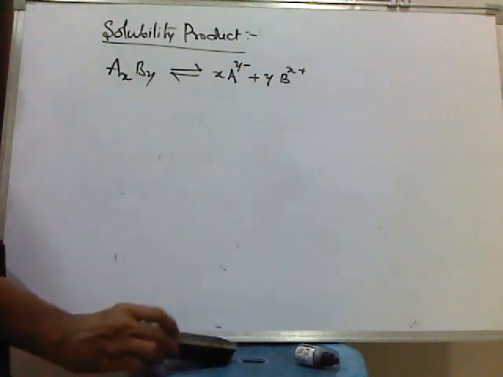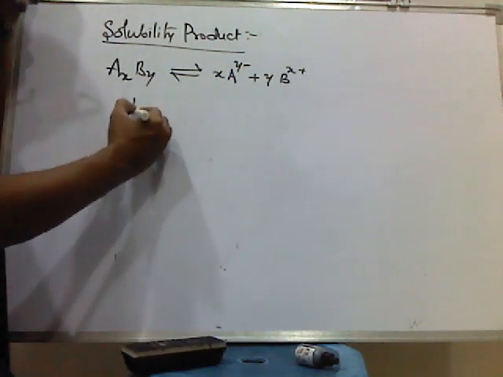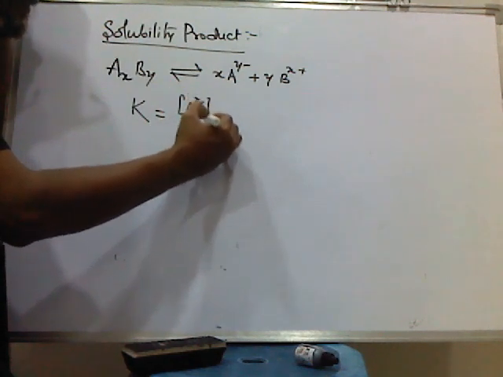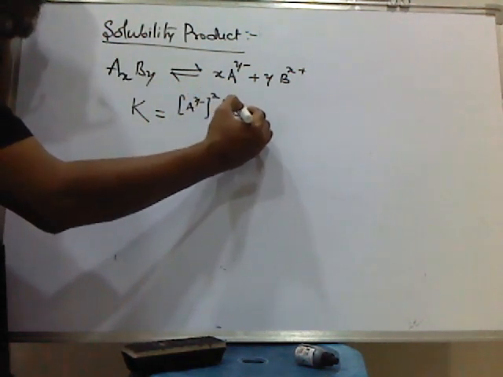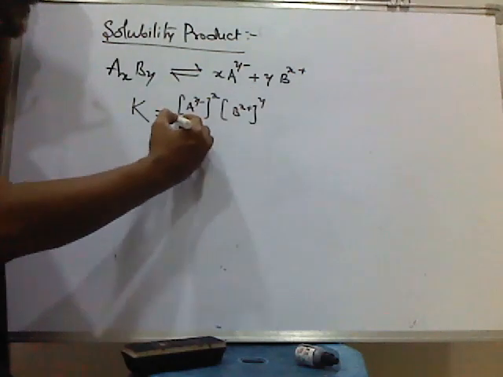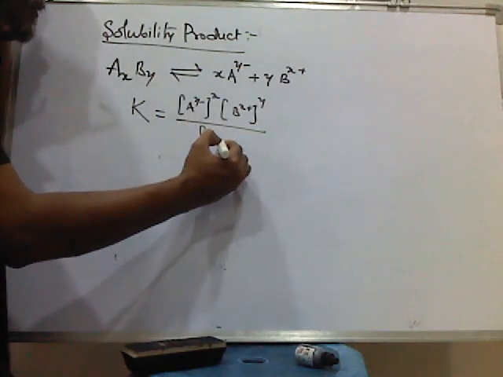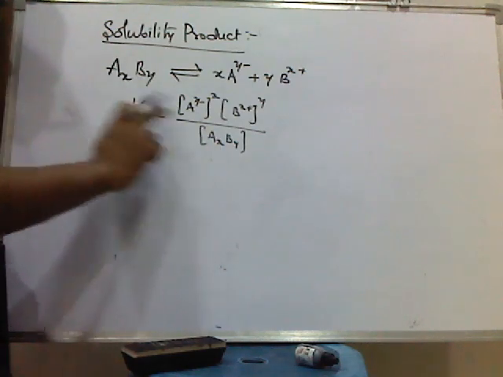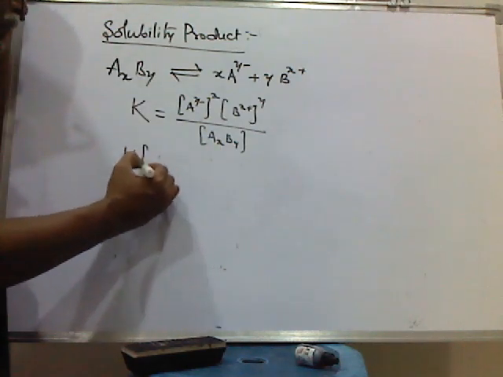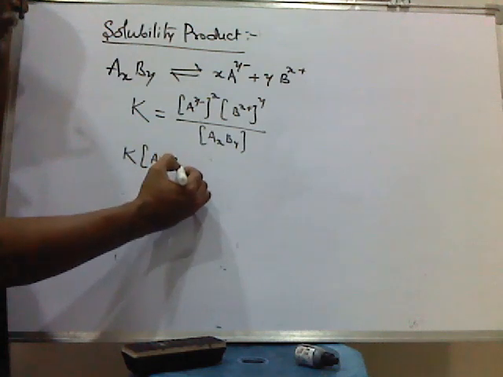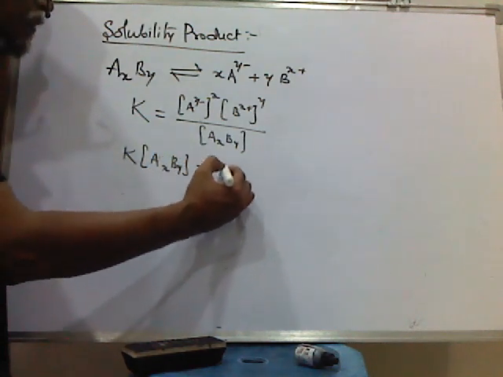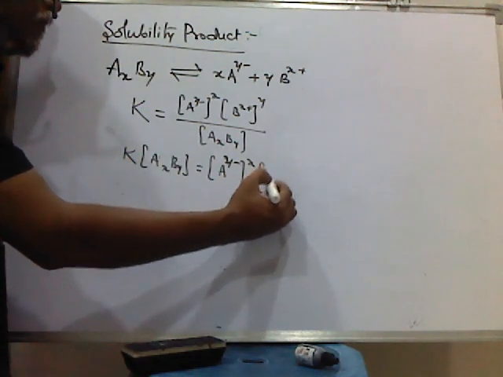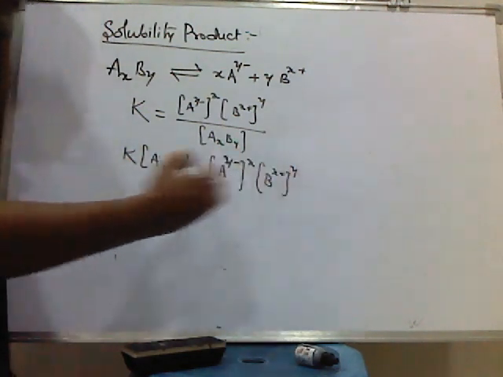If we write the equilibrium constant for this, K is equal to [A^(y+)]^x [B^(x-)]^y divided by [AxBy]. If we take the denominator to the other side, K times [AxBy] is equal to [A^(y+)]^x [B^(x-)]^y.